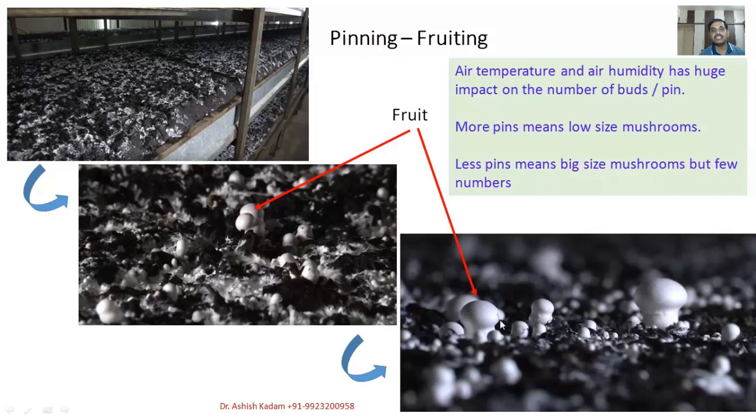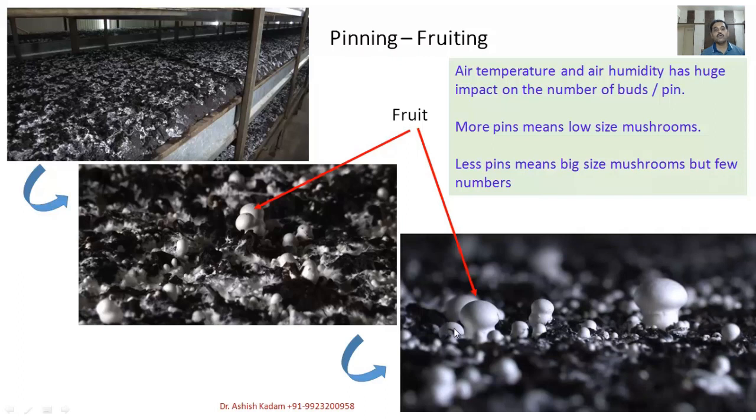Air temperature and air humidity have a very huge impact on the number of buds or pins you form per square meter of area of your compost. More pins means you have small size mushrooms. If you are getting fewer pins, you have big size mushrooms, but very few in number.